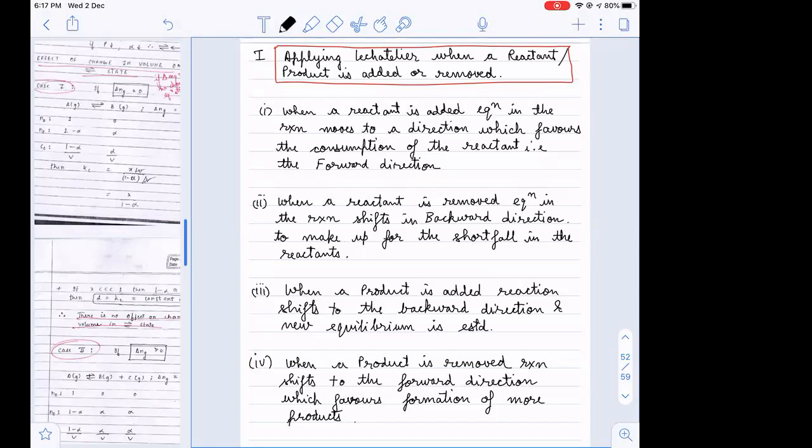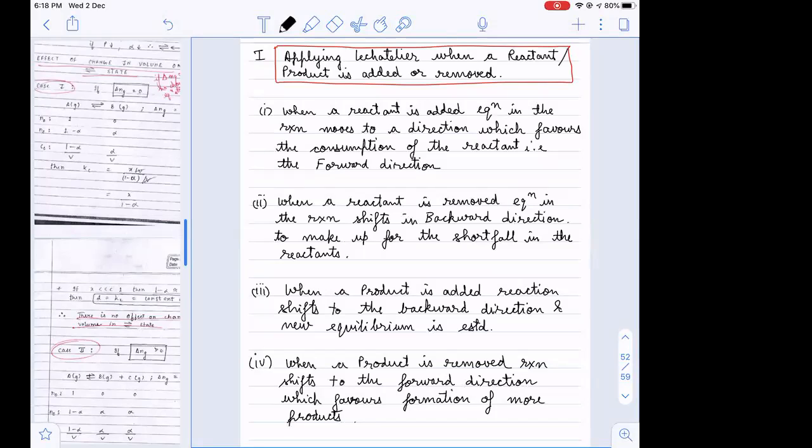Backward direction, that is from right to left, to establish a new equilibrium. In the 4th point, the product will be removed. Now, when you have removed the product, the concentration of product has fallen, and in order to nullify, Le Chatelier will say the reaction will move in a forward direction. Why forward direction?